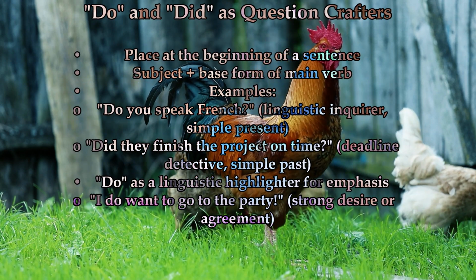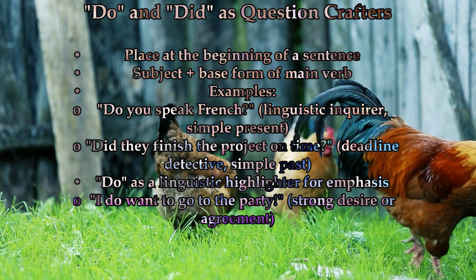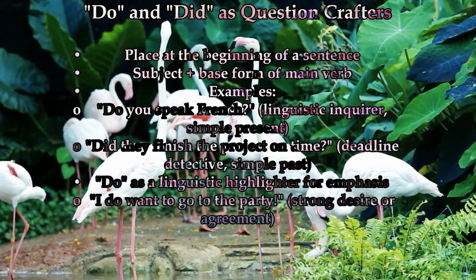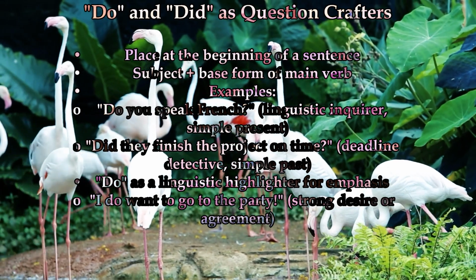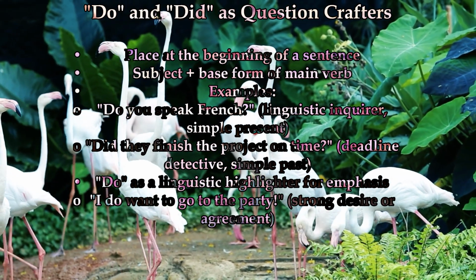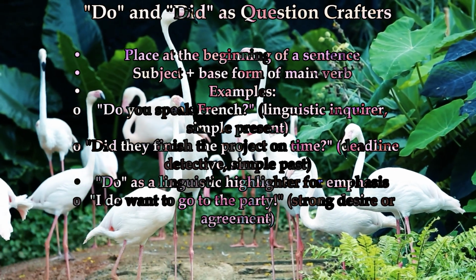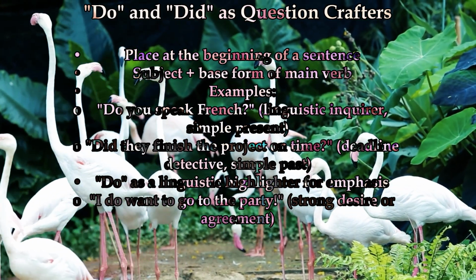In the simple past tense, did takes the stage, partnering with not to create a negative statement. She did not, didn't attend the meeting, becomes a notification of absence, informing others of a missed event. But do and did aren't just negativity specialists. They're also question crafters.